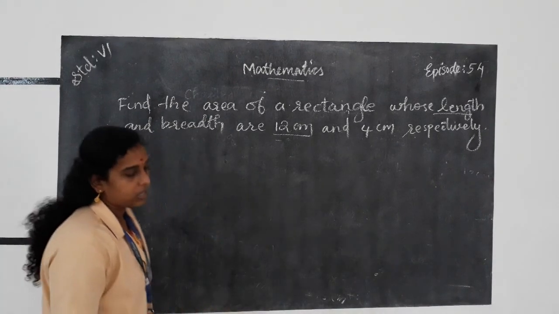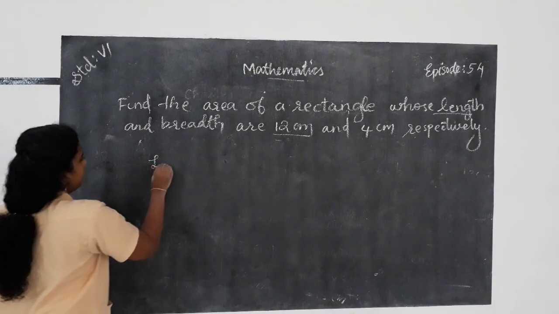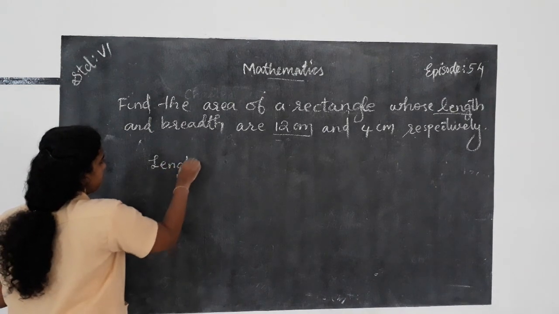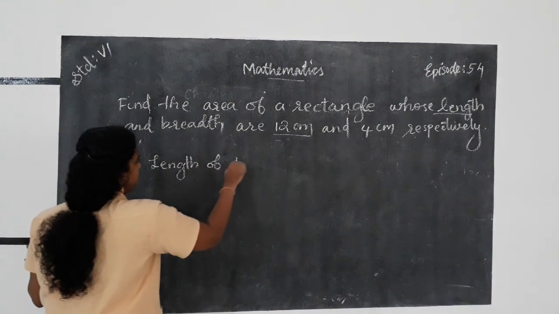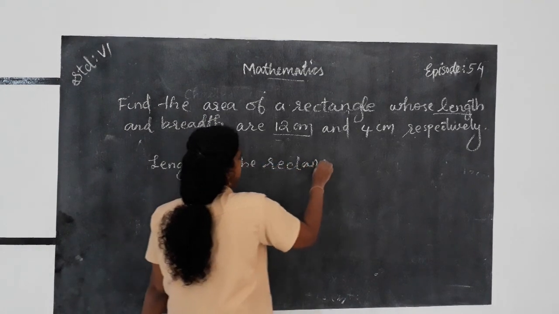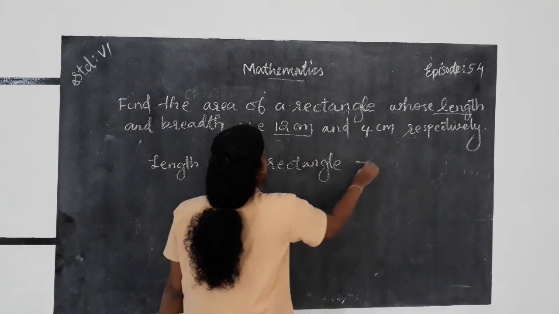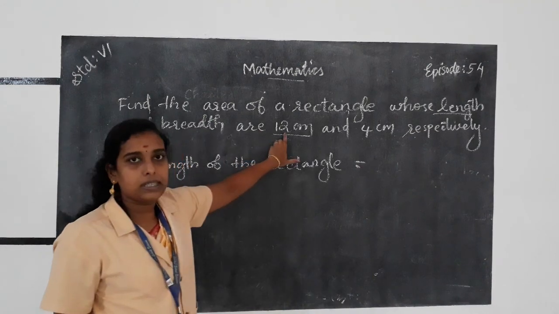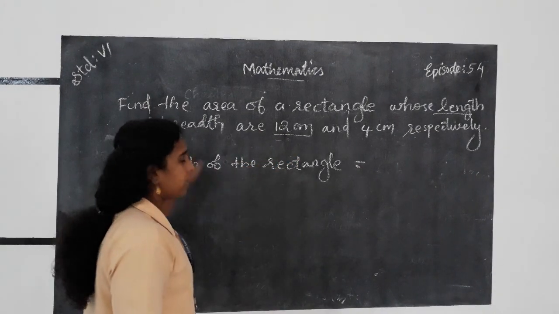Length of the rectangle is equal to 12 centimeter. 12 centimeter is the length of the given rectangle.